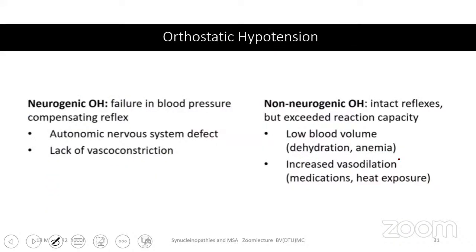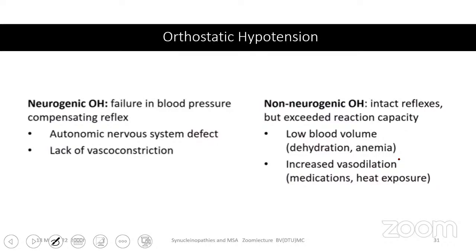So neurogenic orthostatic hypotension is a failure in the blood pressure compensating reflex, an autonomic nervous system defect. It is due to lack of vasoconstriction. The fall in blood pressure is suggestive of sympathetic dysfunction. So here you can remember two things. If it is heart rate variability, it is a vagal dysfunction. For a blood pressure problem, it is sympathetic.